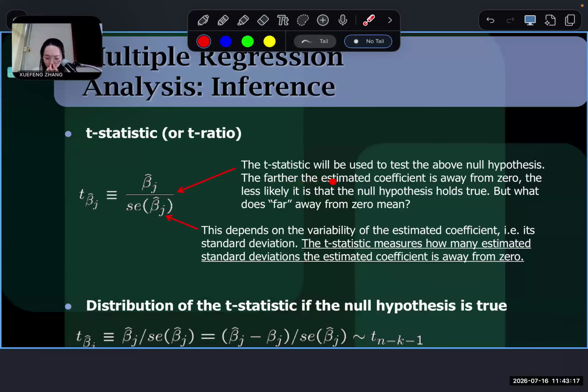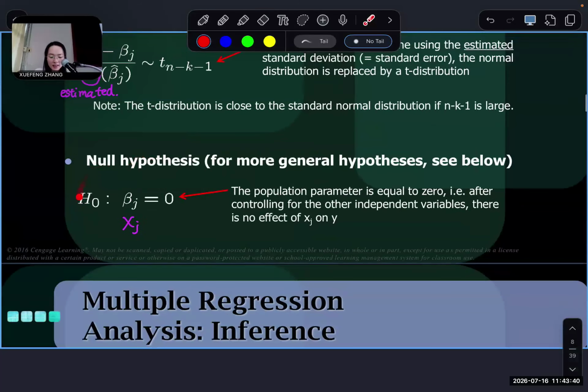The farther the estimated coefficient is away from 0, the less likely it is that the null hypothesis holds true. But what does far away from 0 mean? If beta hat j is far from 0, that's the evidence against our null hypothesis, okay?